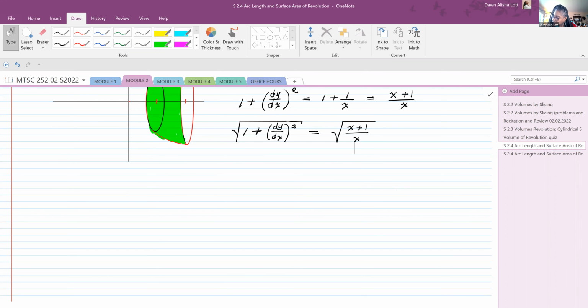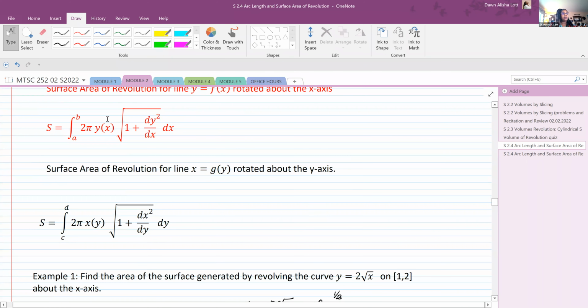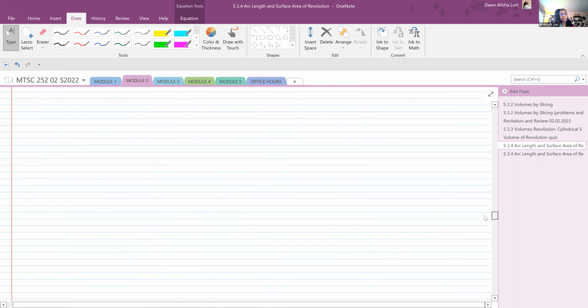So we get S is equal to, let me grab this formula. I should have put that in parentheses. I didn't, but that's okay, I'll put it in the parentheses down here.